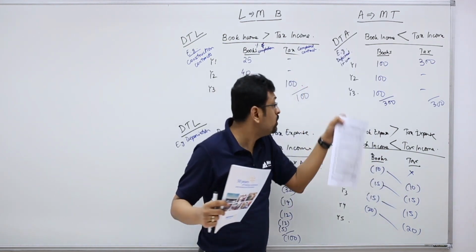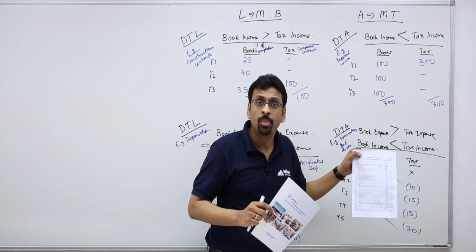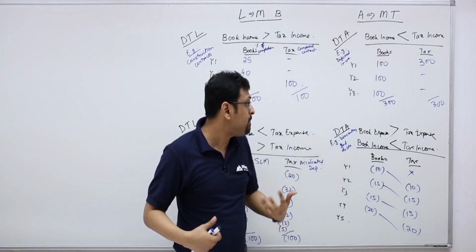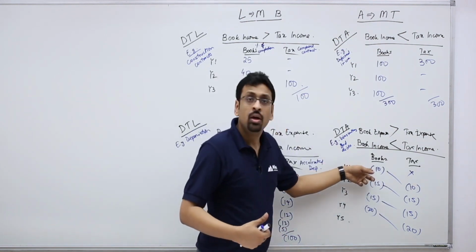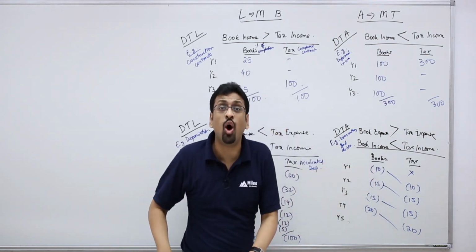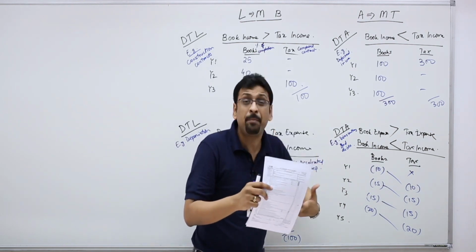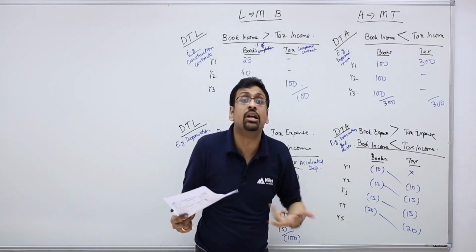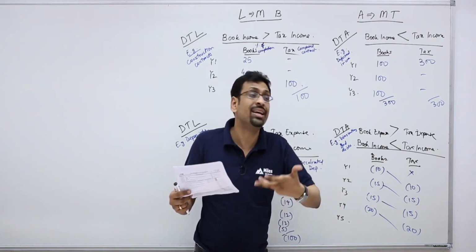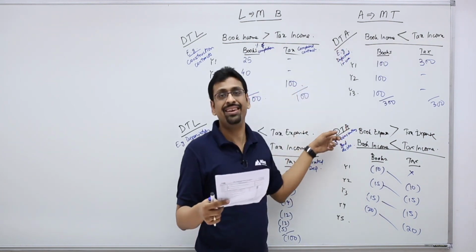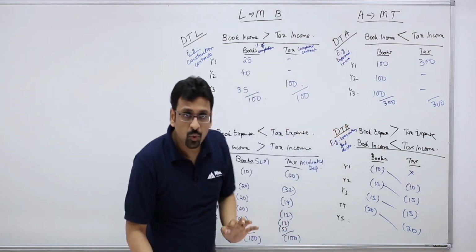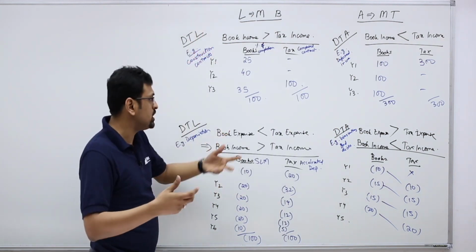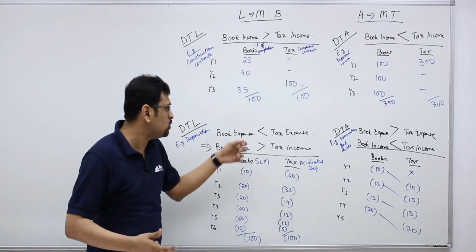So tax income was more than the book income. Now that is the case when I have a deferred tax asset, because I am paying higher taxes. I have an expense here which I'm not allowed to take here. So on my tax returns, I'm paying higher taxes right now. I'm paying taxes for something that I have not yet earned. I'm prepaying my taxes. So guys, that is why it's a deferred tax asset. So what I want you to understand here is we're looking at the income part as well as the expense part. Whenever you have a question which talks about the expense part, convert it to the income part.